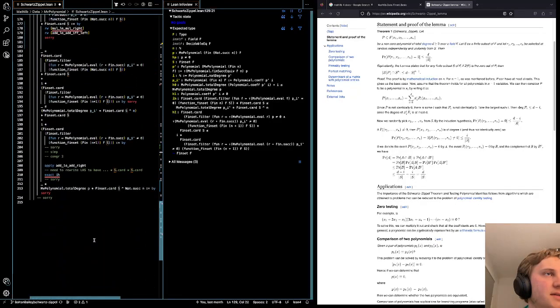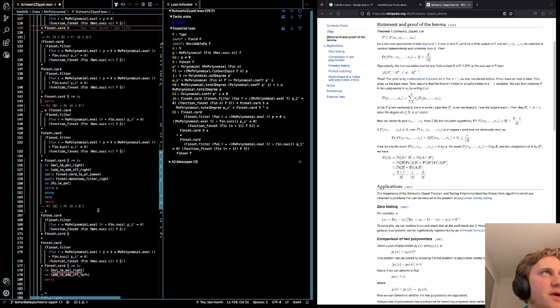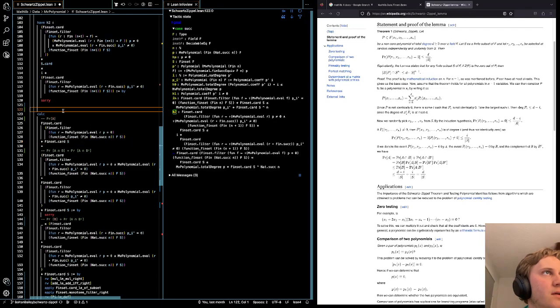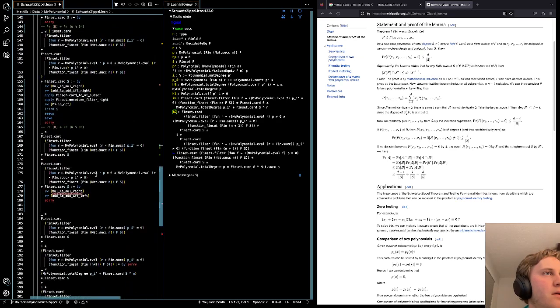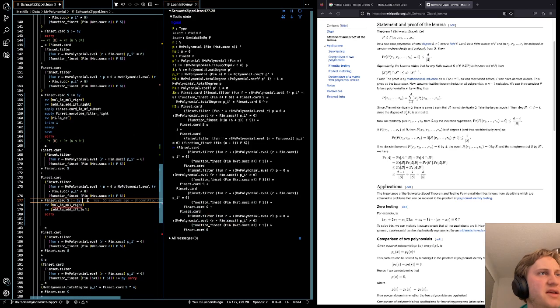And the last thing here is the thing that it's supposed to be, right? Total degree P, card S to N, total degree P, S to N, yeah. Okay, but it's telling me that mol is not correct here.